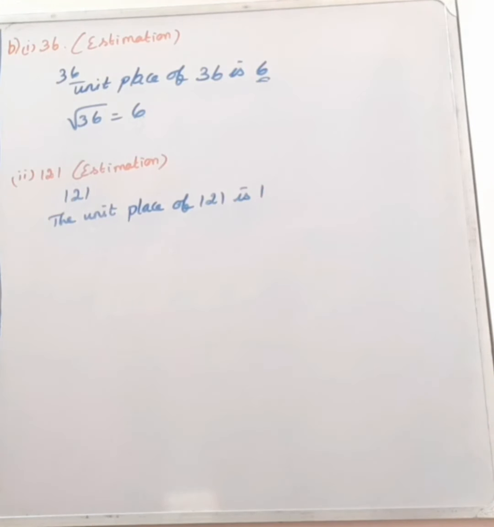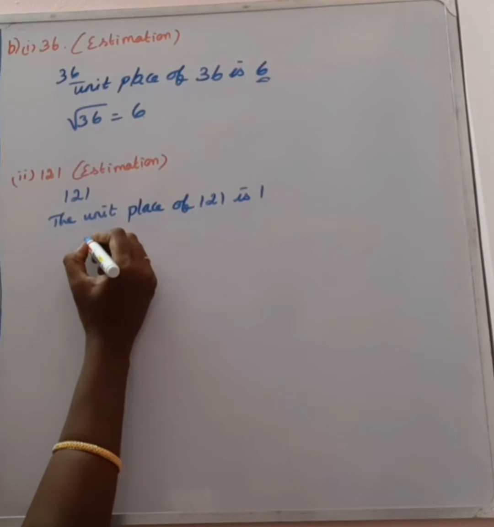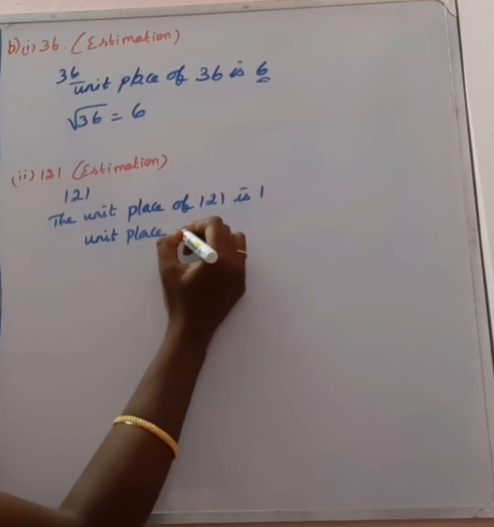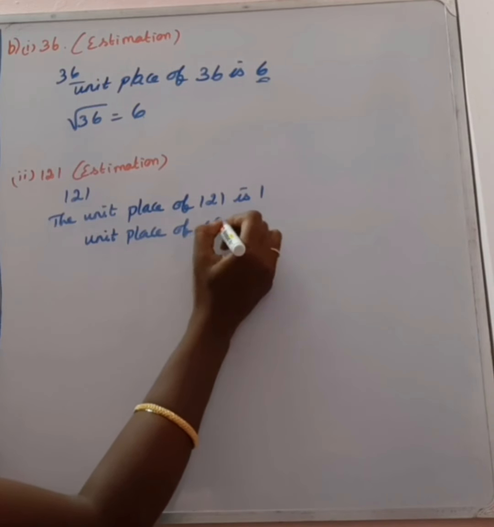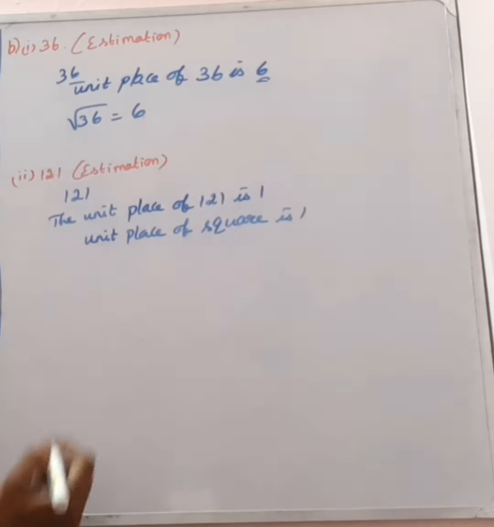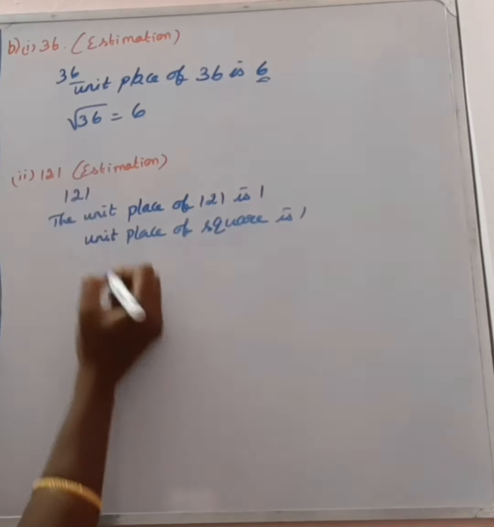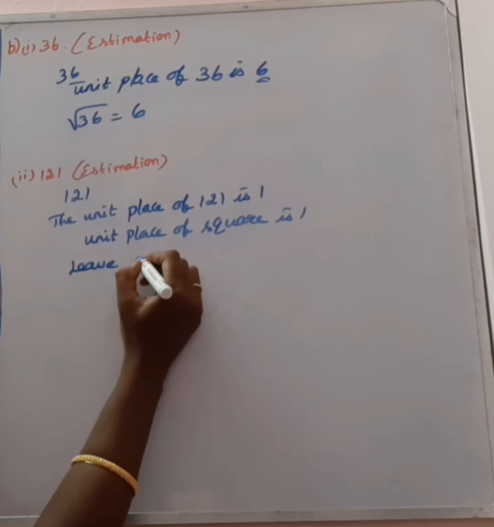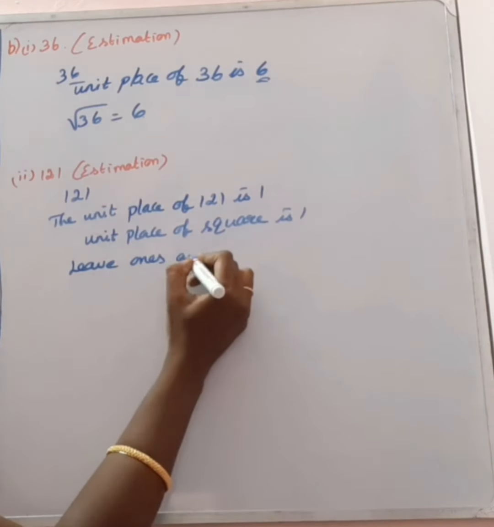So if the unit place is 1 then the square value is also 1. So leave the ones and tens place.